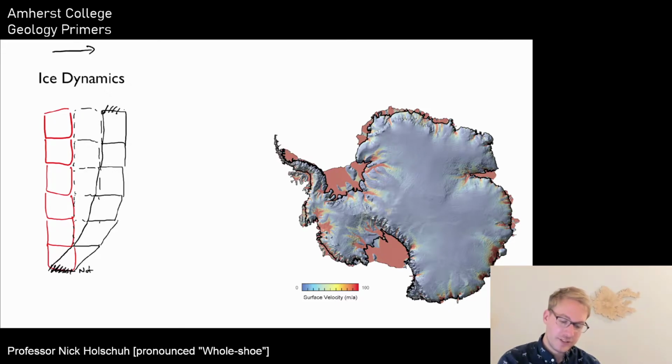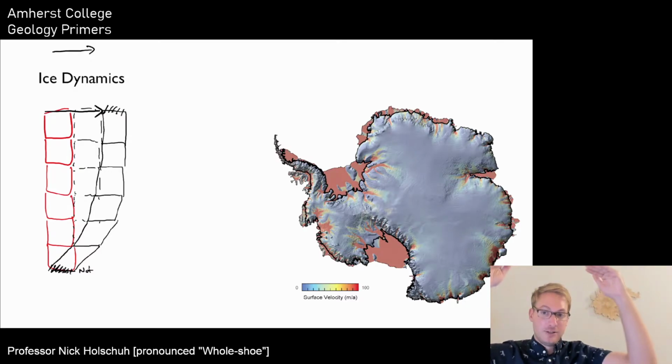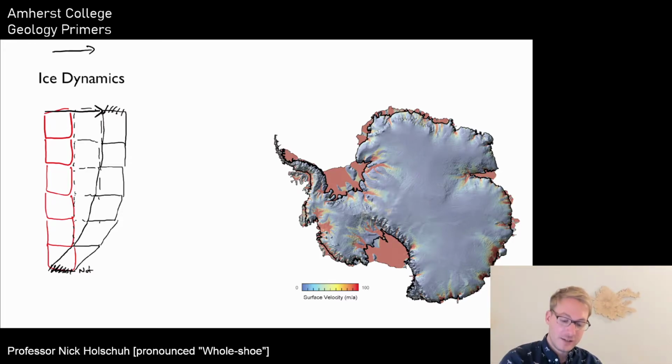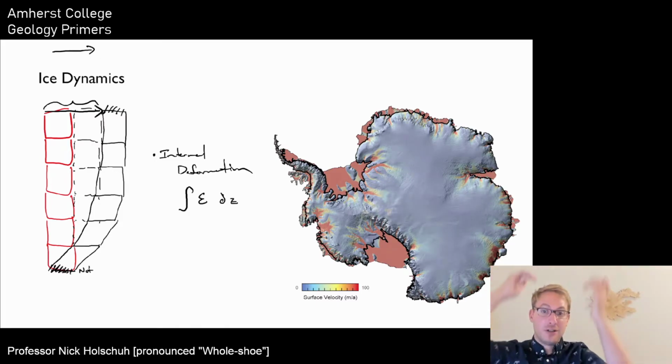But up near the surface, the rate that you're moving is the integrated deformation from the bed all the way up. Turns out that is the case. So one of the ways ice flows is by a process that we often call internal deformation. And internal deformation, this total distance traveled, is really the integrated strain as a function of depth. You add up the deformation of all of those pieces of ice and you get to the total deformation at the top.